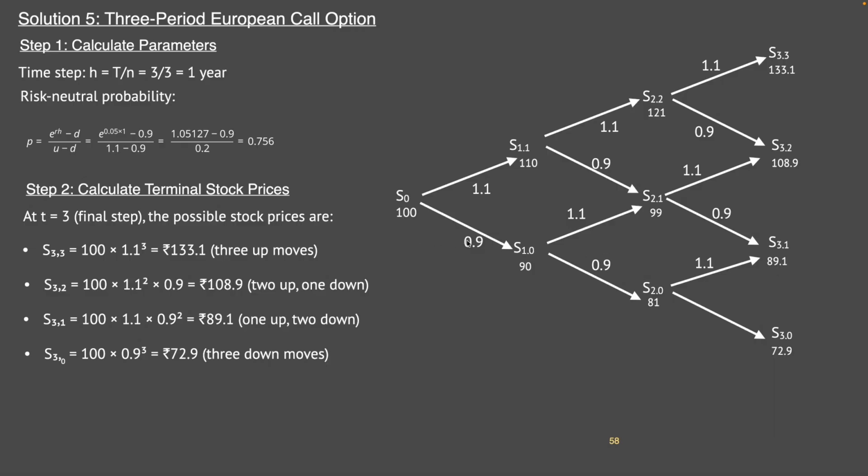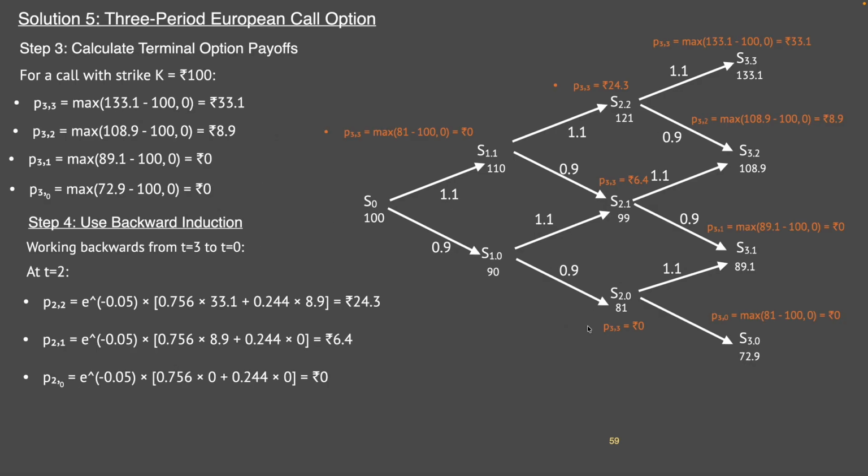Or you can use 100 into 0.9 into 0.9 into 1.1, you still get 89.1 as the stock price. Finally, S30 is 100 into 0.9 into 0.9 into 0.9, so you get 72.9 as the terminal value. So the four terminal values of the stock price are 133.1, 108.9, 89.1 and 72.9.